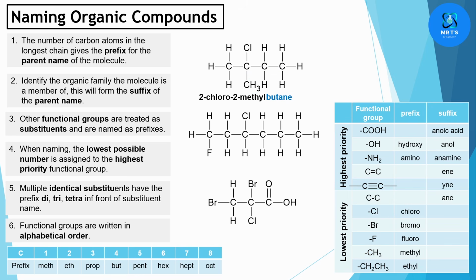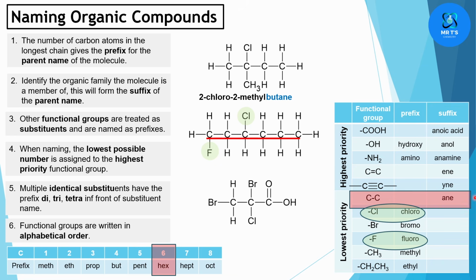Okay, so the next one here, let's have a look. We have 1, 2, 3, 4, 5, 6 carbons in a row. So this is going to be a hexane, and it has a fluoro and a chloro functional group. Because there are no other suffixes here, it's going to be called hexane as its parent name.